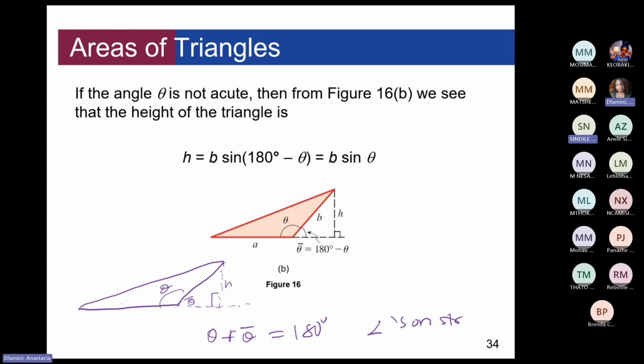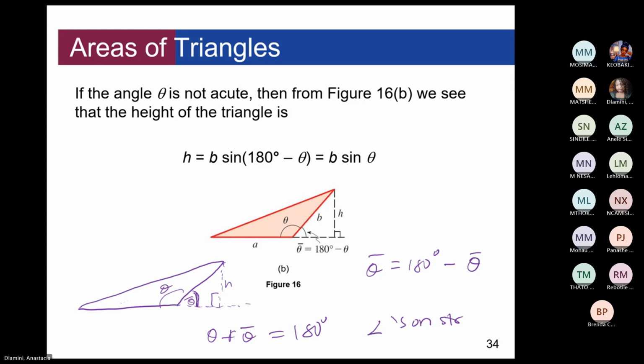Yes, ma'am. Then for you to find theta here, you'll go and find theta bar to actually find theta. So theta bar is equal to 180 degrees minus theta. Are you all together?